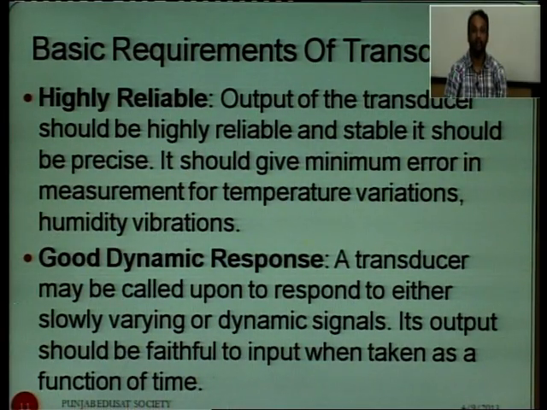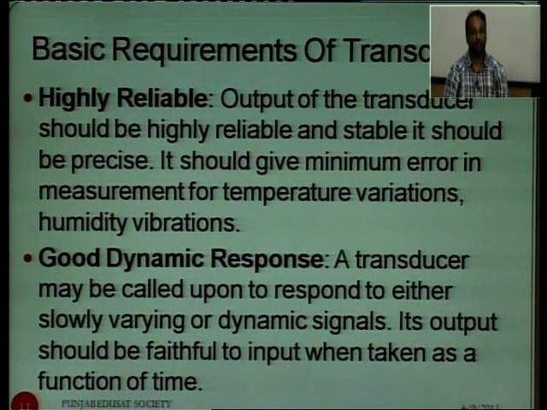Highly reliable. The output of a transducer should be highly reliable and stable. It should be precise. It should be up to the point. It should give minimum error in measurement for temperature variations, humidity variations. The possibility of error should be minimum or negligible.